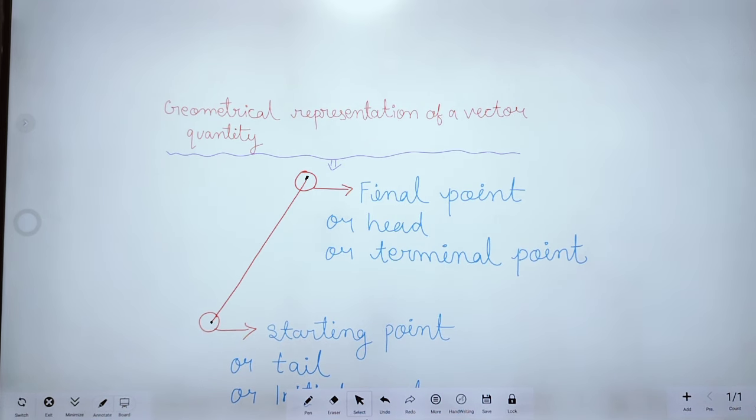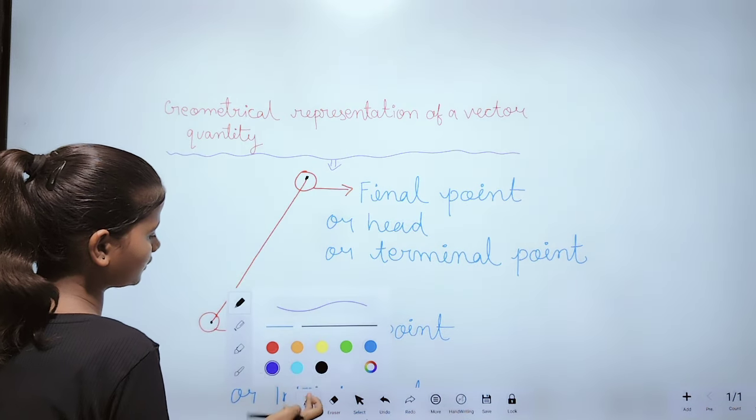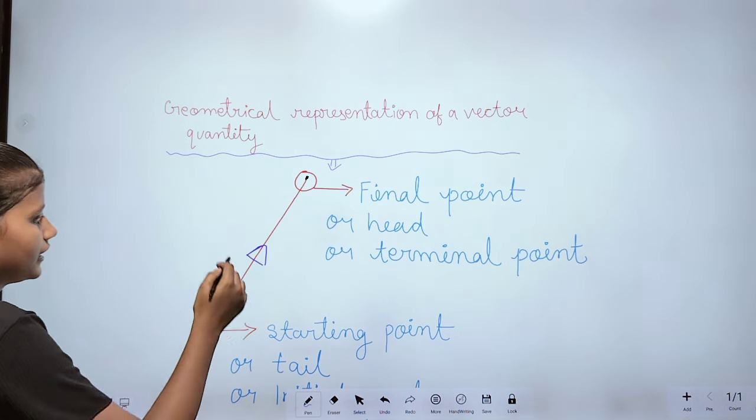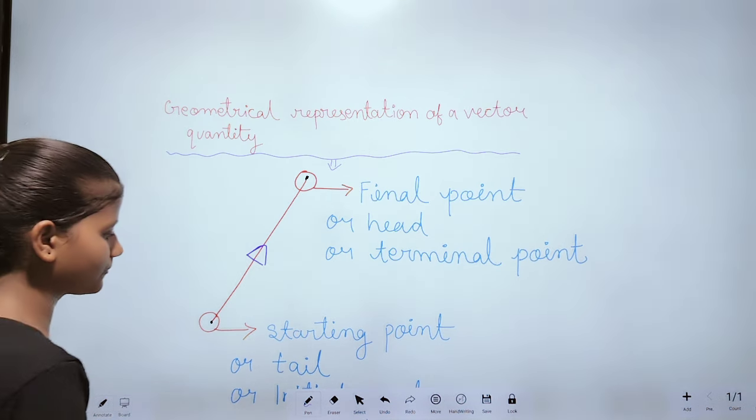But here we can't say the direction of the line. Okay, so the direction is shown by this arrow. This arrow shows that the line goes in the upward direction. Okay.